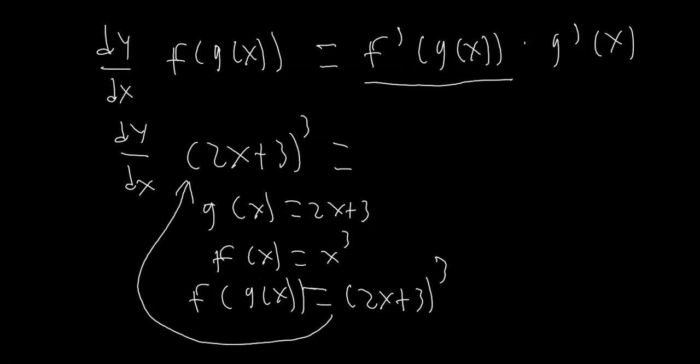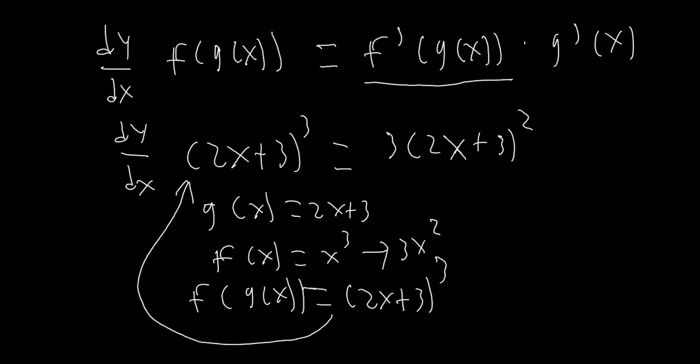First, we take the derivative of the outside function. When we do that, we get 3 times x squared. However, we have to plug back in g of x, so we get 3 times 2x plus 3 squared.